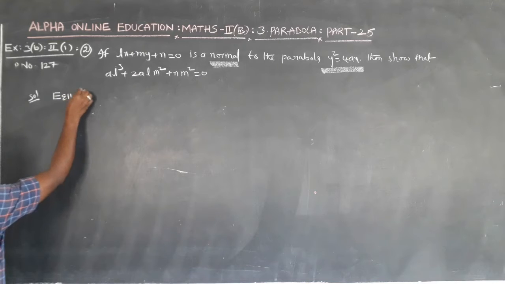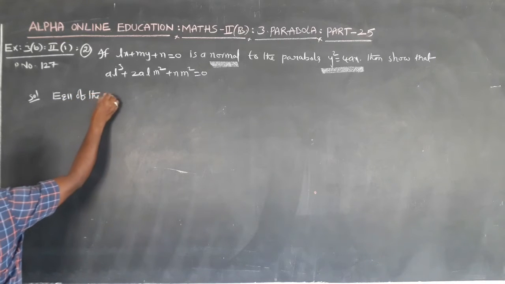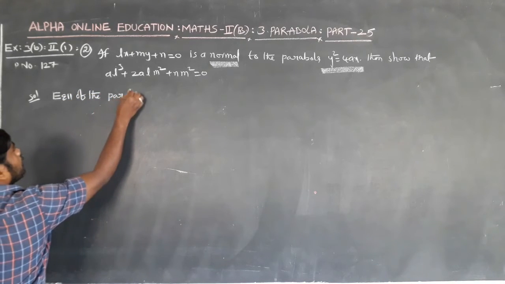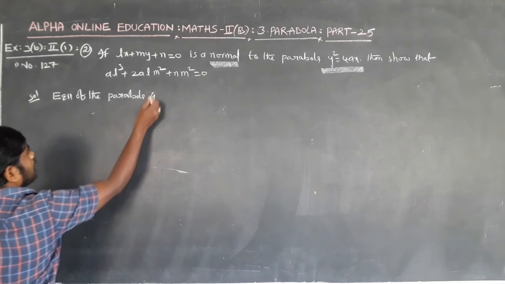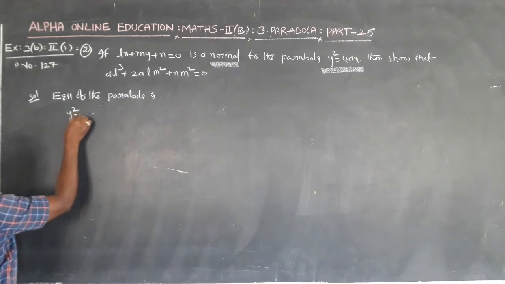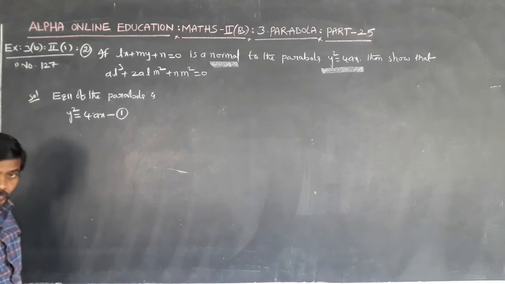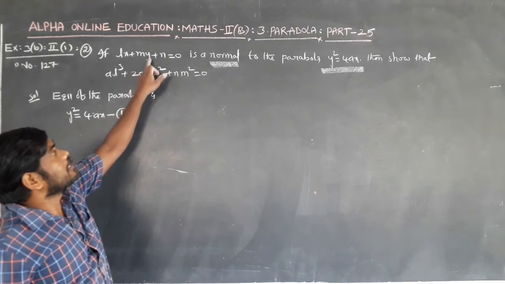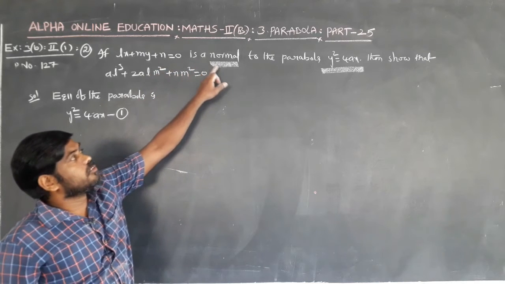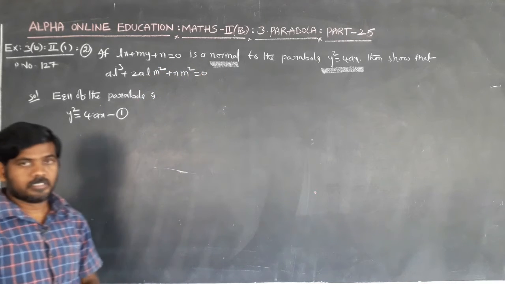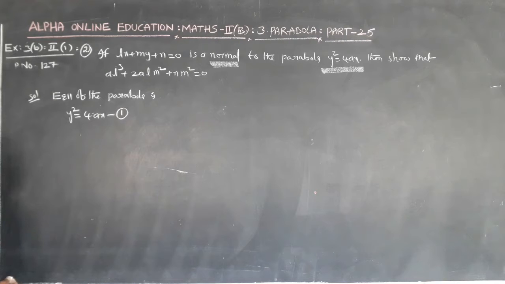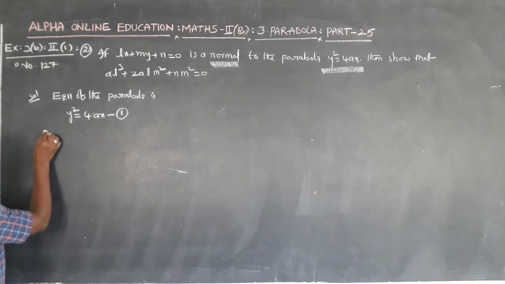Here the equation of the parabola is y² = 4ax. Here lx + my + n = 0 is a normal.